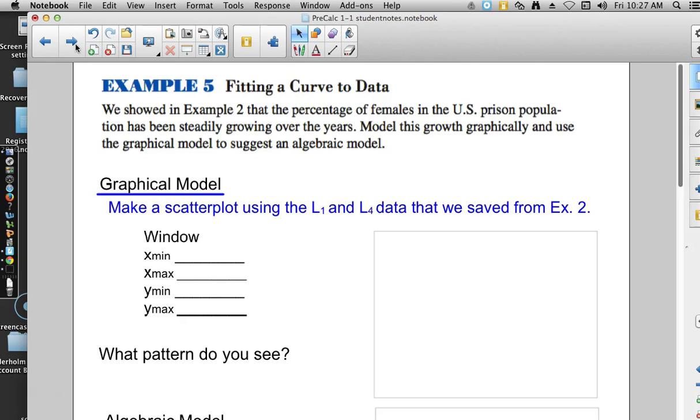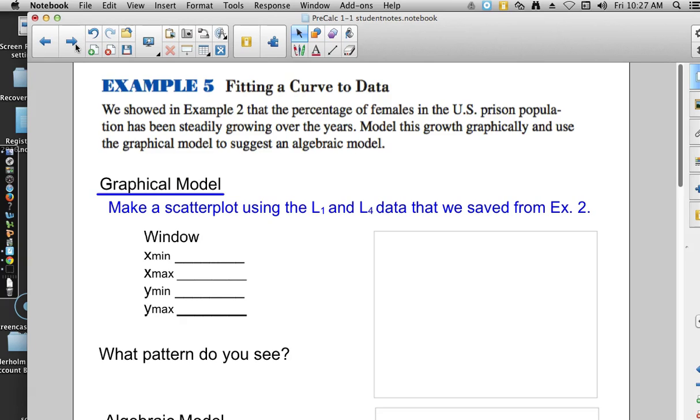Because we did 0 to 25 years, and then our percentages so far were pretty small. Oh, okay, yeah. No, we had multiplied by 100 for that one. All right, looks like that.